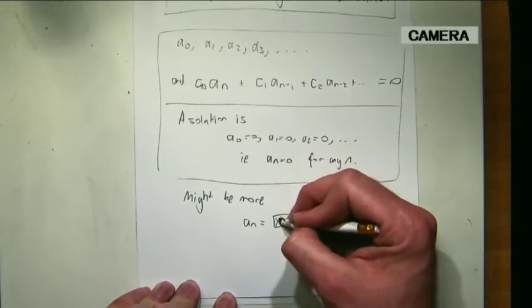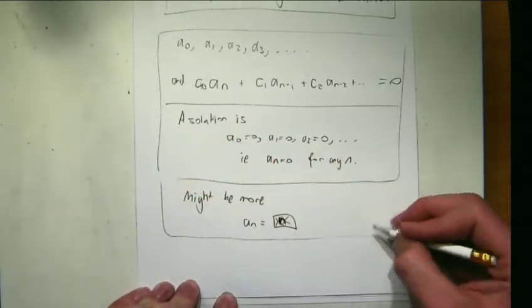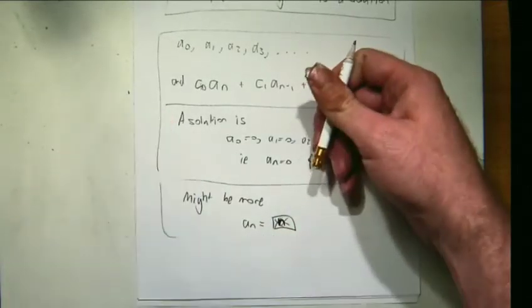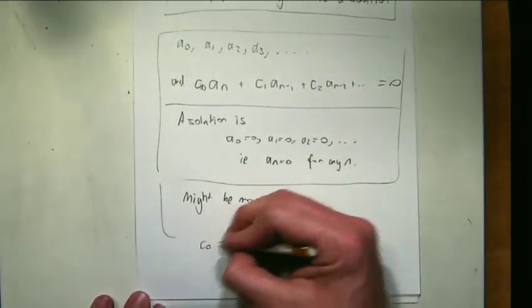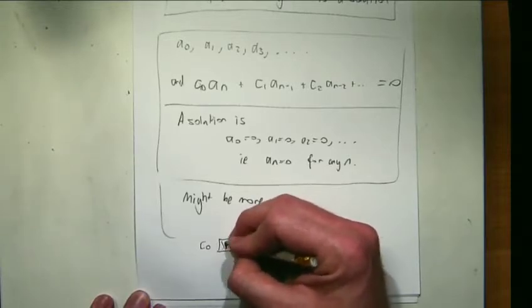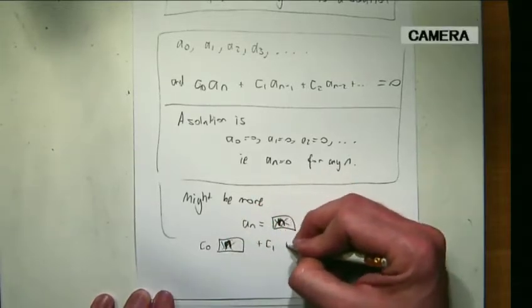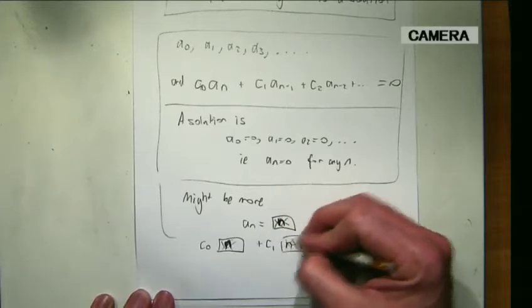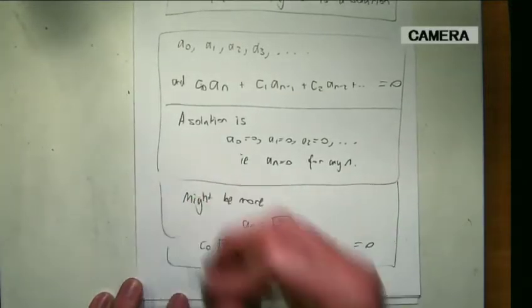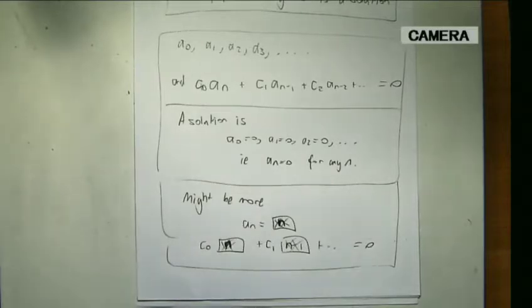That means that when I sub this into the formula, I go C0 with an n in that spot, plus C1 with an n minus 1 in that spot, plus, and so on. It will come out to 0. That's the idea behind it. Excellent. So there might be more, there might be infinitely many of them.